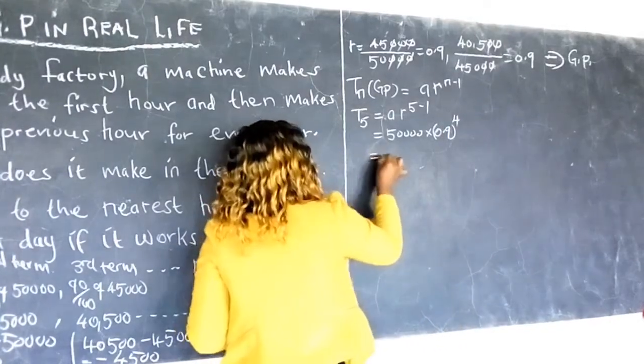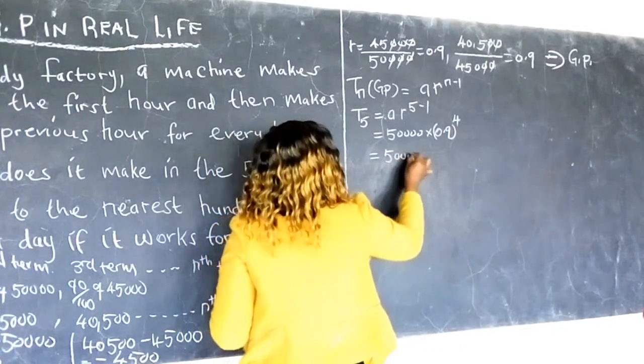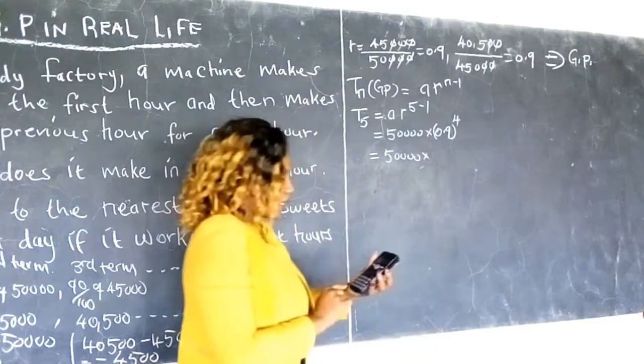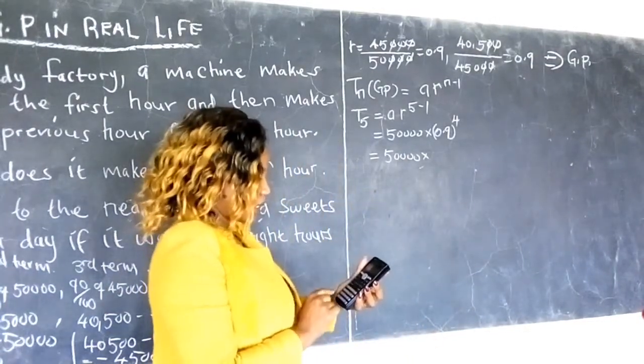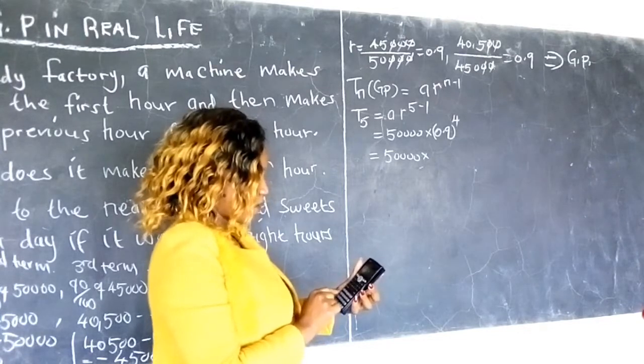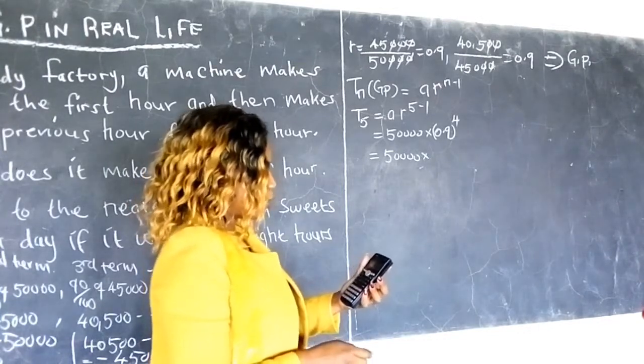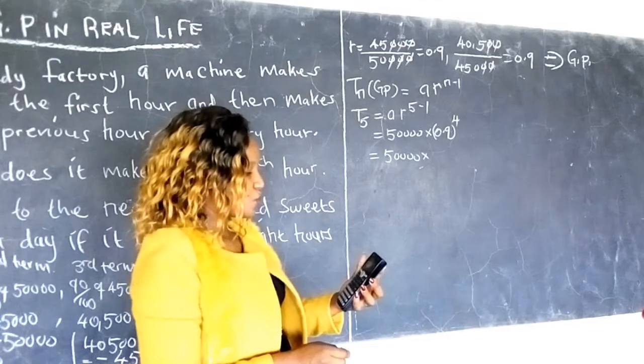So what we have is 50,000 times 0.9 to the power 4, which gives 0.6521.